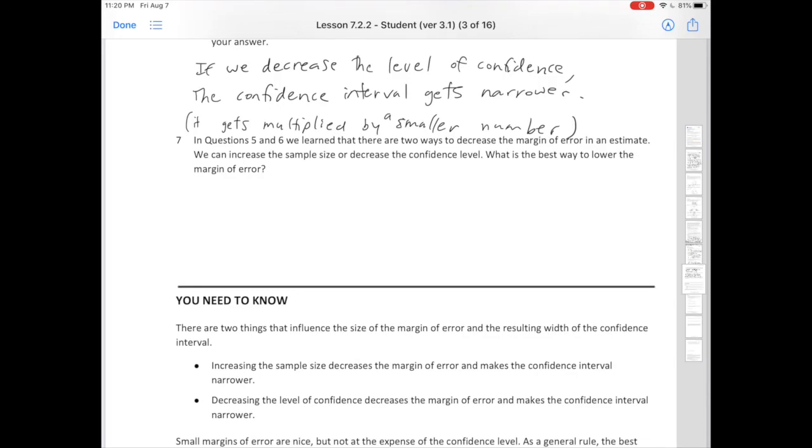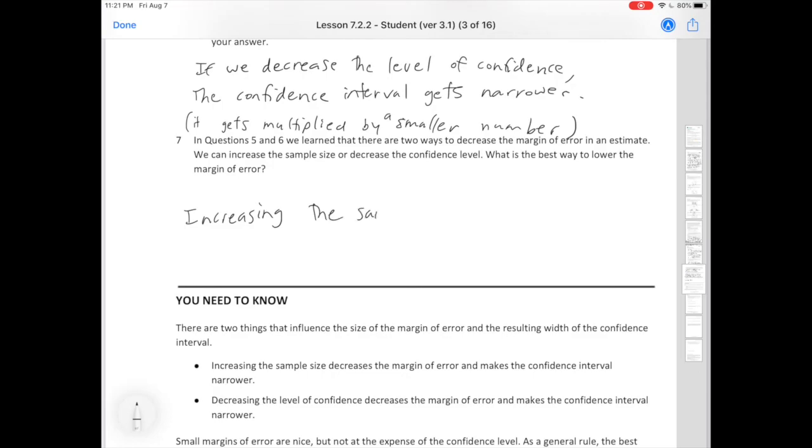Well, do we really want to give up confidence? I mean, yeah, it's nice to say that something is more precise, but not if we have to be less confident about it, right? So the trick is if we want to get a tighter margin of error without giving up any confidence, the best way is to increase the sample size.